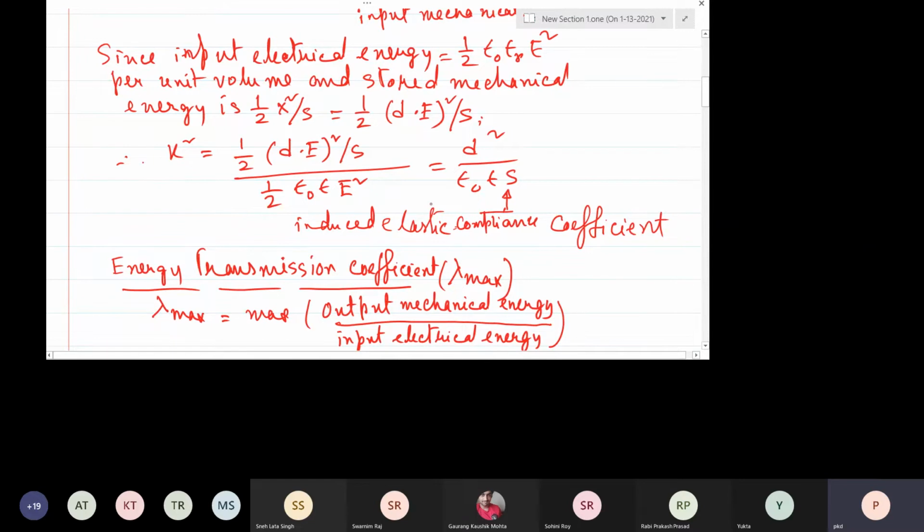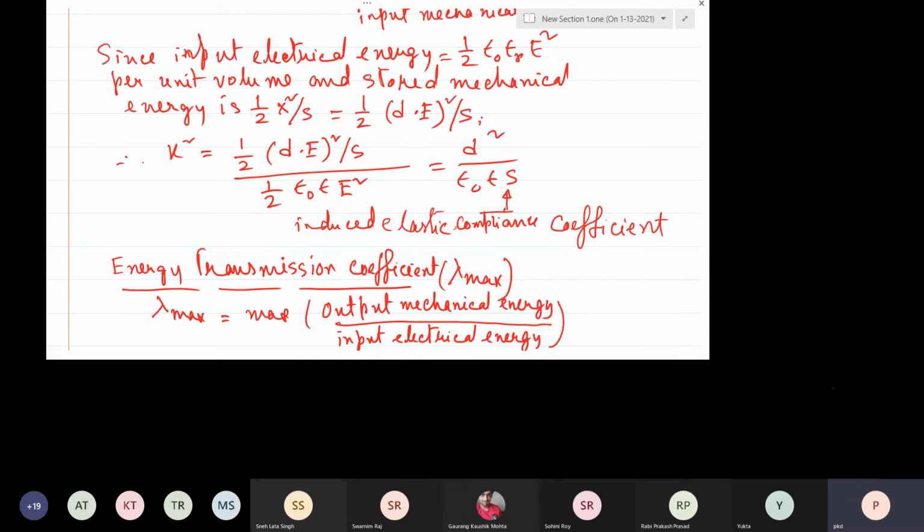I forgot to correct this in the last class. So this is basically the elastic compliance. It is the inverse of the Young's modulus in one-dimensional terms. That means it relates stress and strain.